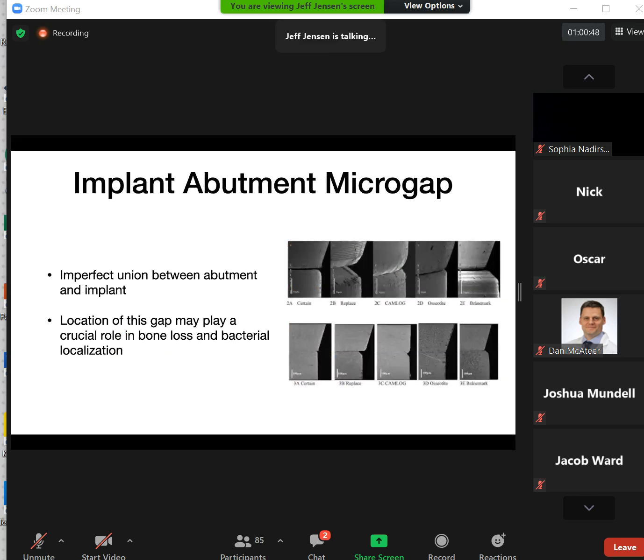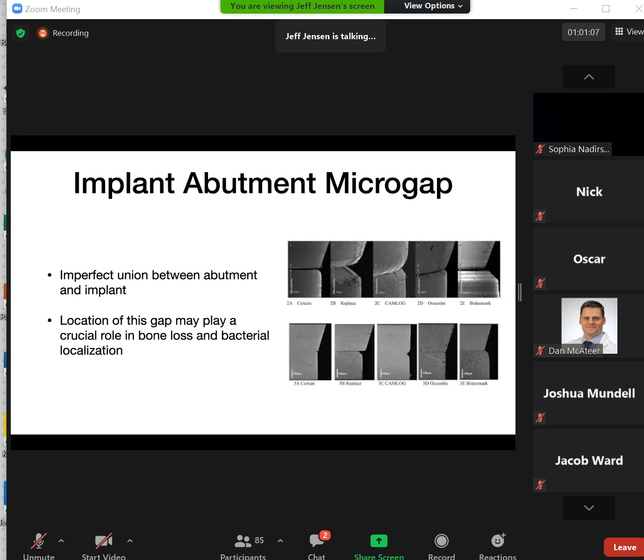A quick note about what's called the micro gap. The micro gap on an implant is where the abutment and the implant meet. There have been a lot of studies done on where this implant gap is and how it affects healing and bone loss.